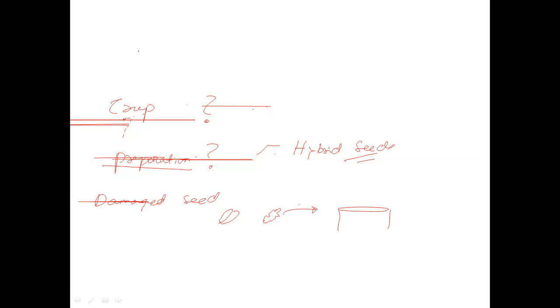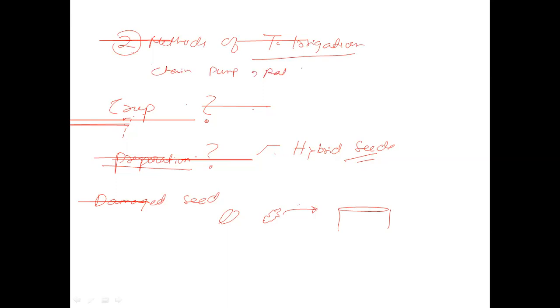Name two methods of traditional irrigation. Chain pump and rahat.